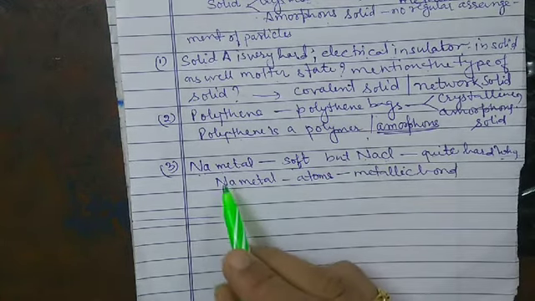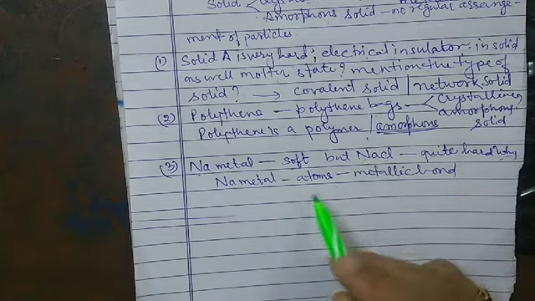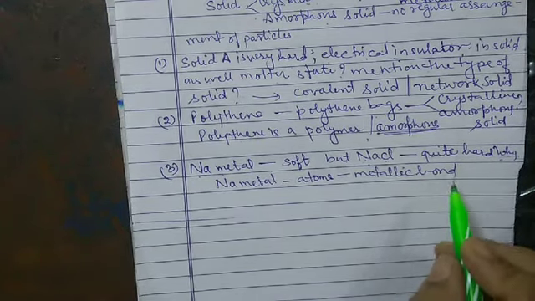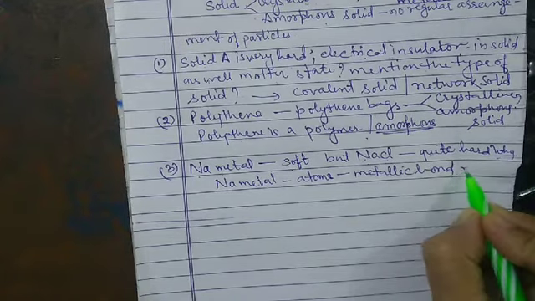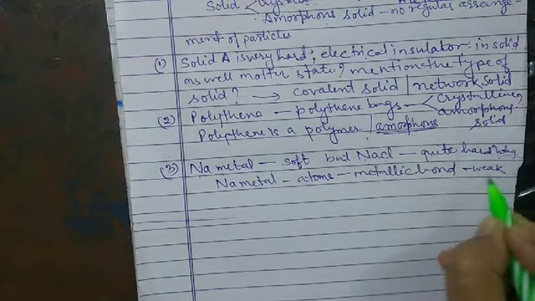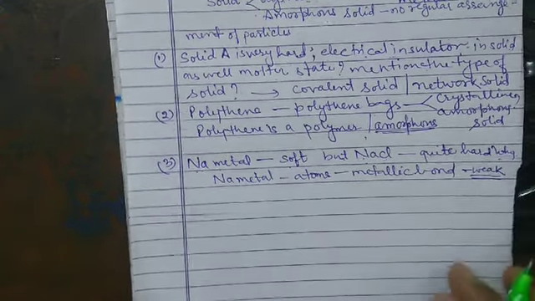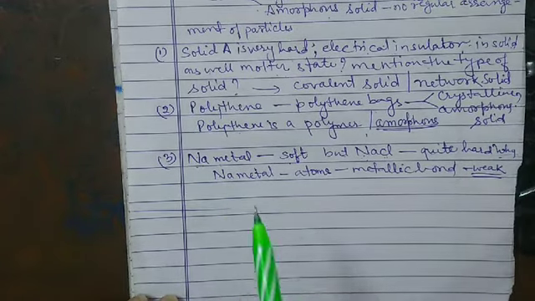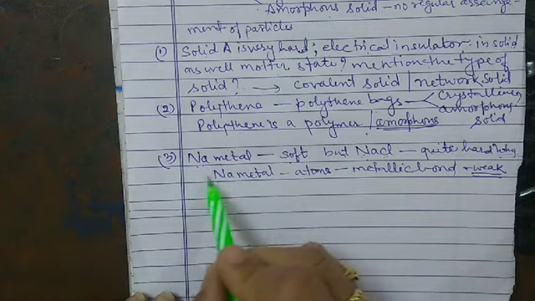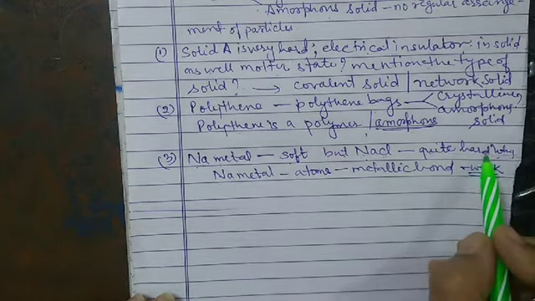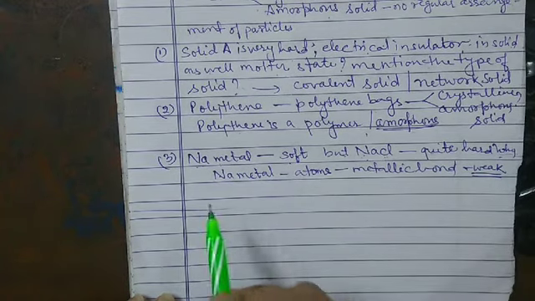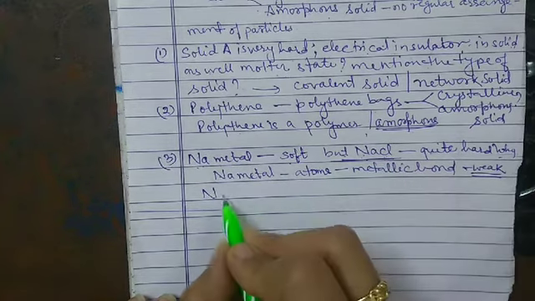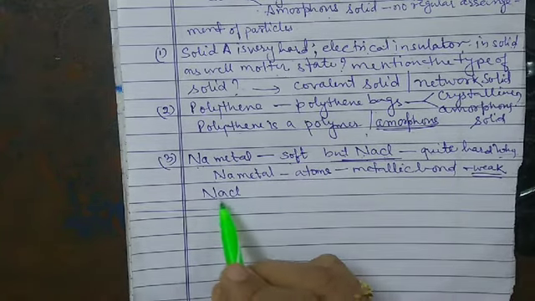So in sodium metal, the atoms are held together by the metallic bond, and we know that the metallic bond is weak. That's why we can easily cut sodium metal with a knife or with our nail.